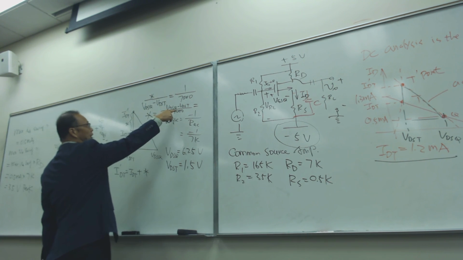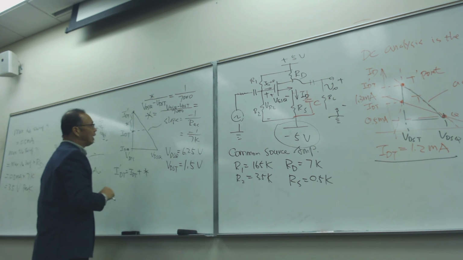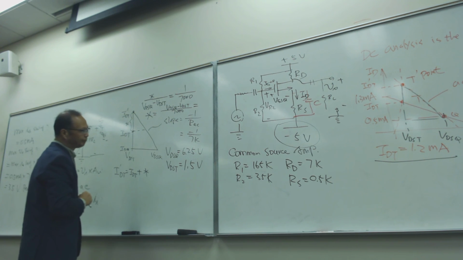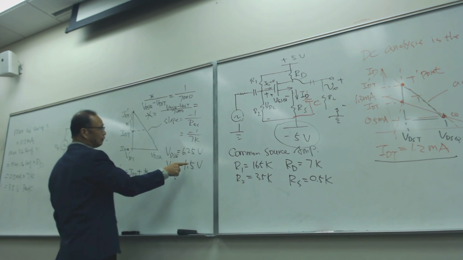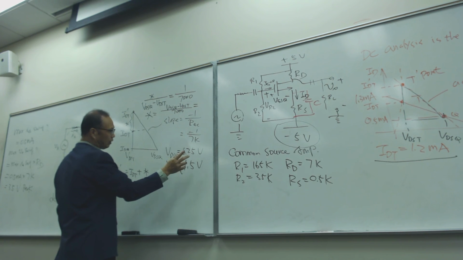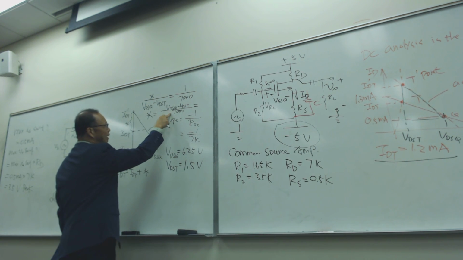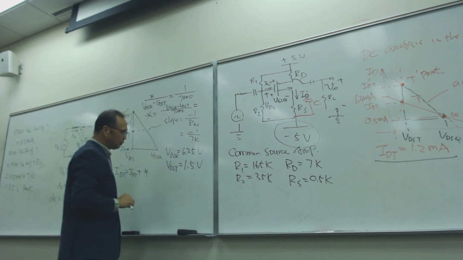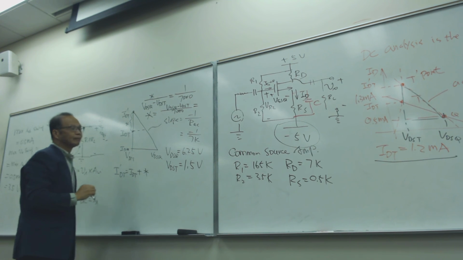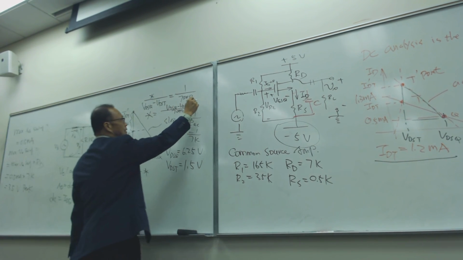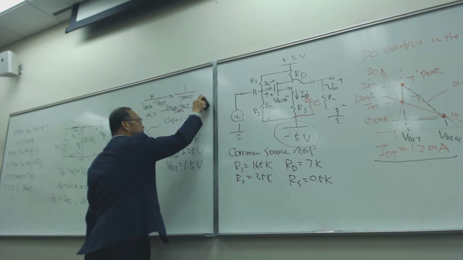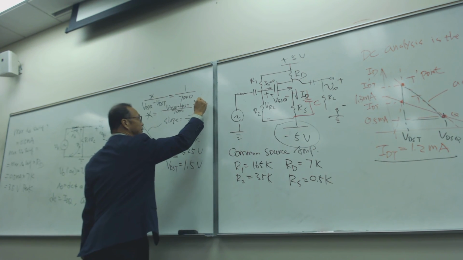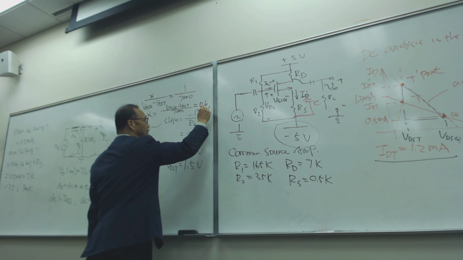So now if you put here, this divided by 7,000, what do you get? Let's say this is about 5. 5 divided by 7,000, so what do you get? 0.6.